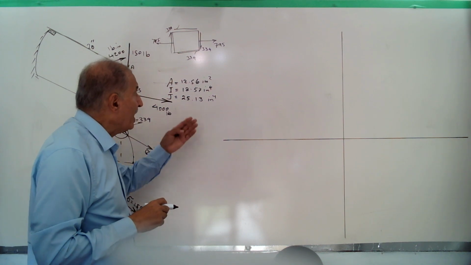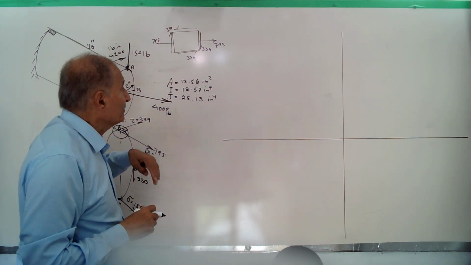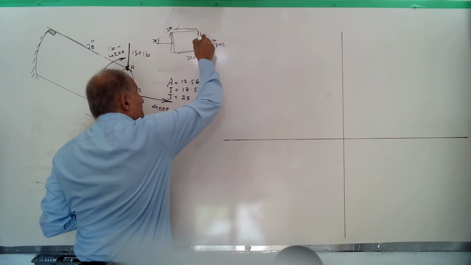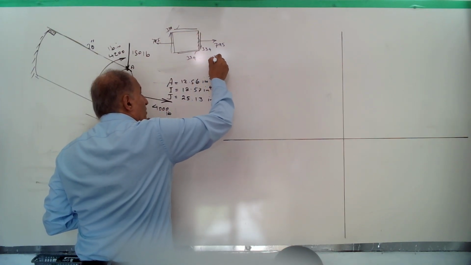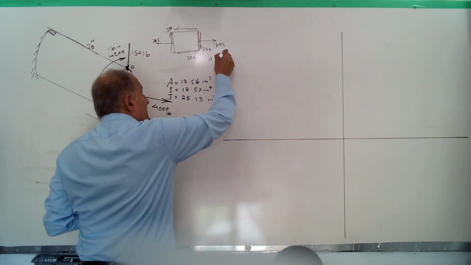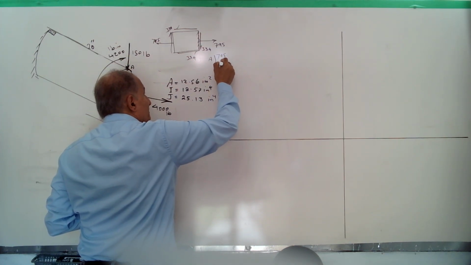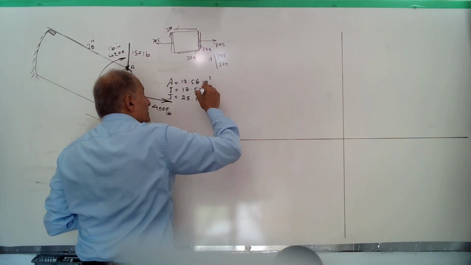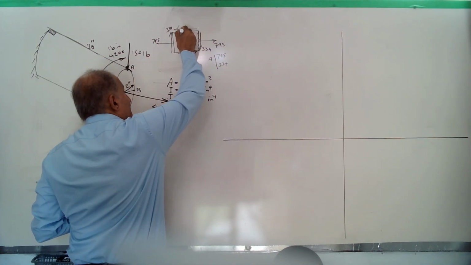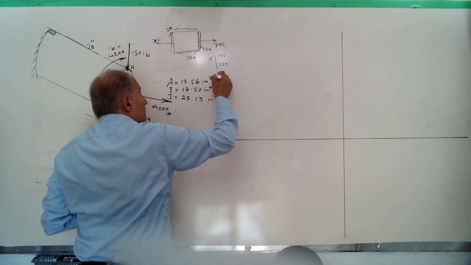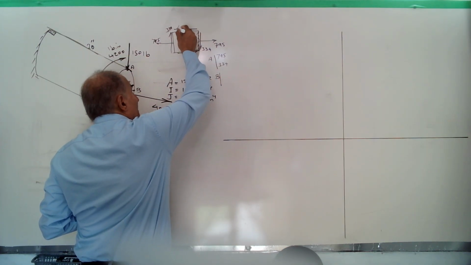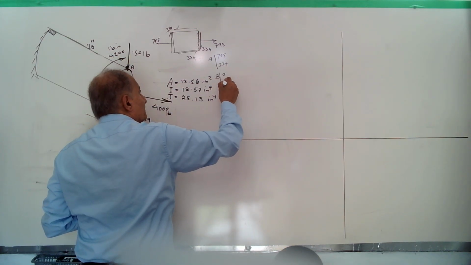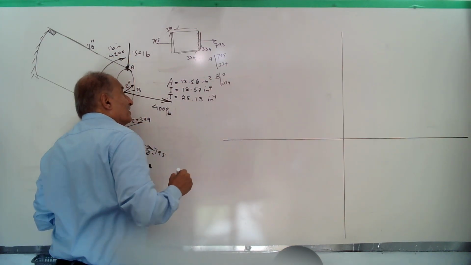Then you have 2 points in this state of stress. First, one point which represents this surface. We call it A, that is x coordinate is 795 psi, y coordinate is 334. Another surface is the surface number 2. We call it point B. Normal stress is 0 and shear stress minus 334.